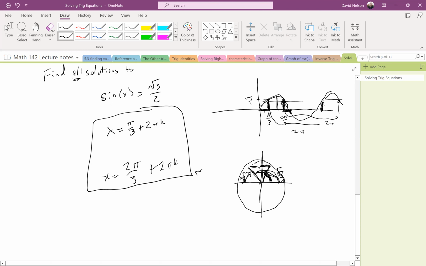Pi over 3 is my reference angle. And so it would be 2 pi over 3 for the second solution, that second place on the unit circle where my y coordinate is root 3 over 2. Those would be our two solutions. And again, there's typically two. When we're trying to find all of them, you have to find the two of them and then add the 2 pi k.